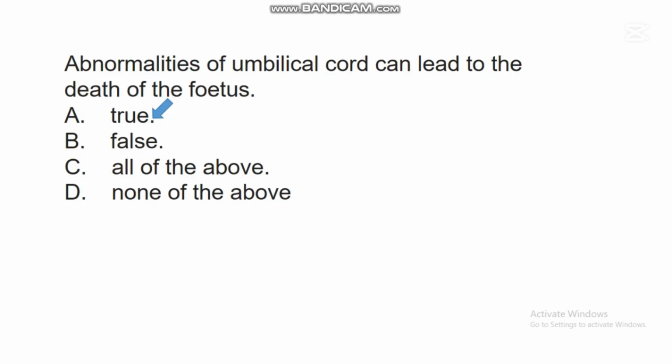So, the abnormalities of umbilical cord can lead to the death of the fetus. If the umbilical cord becomes abnormal, definitely it can lead to the death of that fetus in the womb.